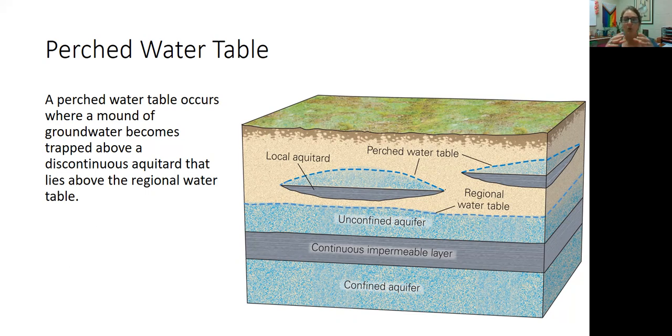That means if there's a local aquitard, one that doesn't extend for great distances, just a small little aquitard, it will actually catch water on top of it and create what we call a perched water table above the lower, more regional water table. You might have found this if you got to some of our barrier islands. Some of our barrier islands have small little freshwater lakes on them, and those little freshwater lakes are actually perched above the deeper groundwater table on some of our islands.